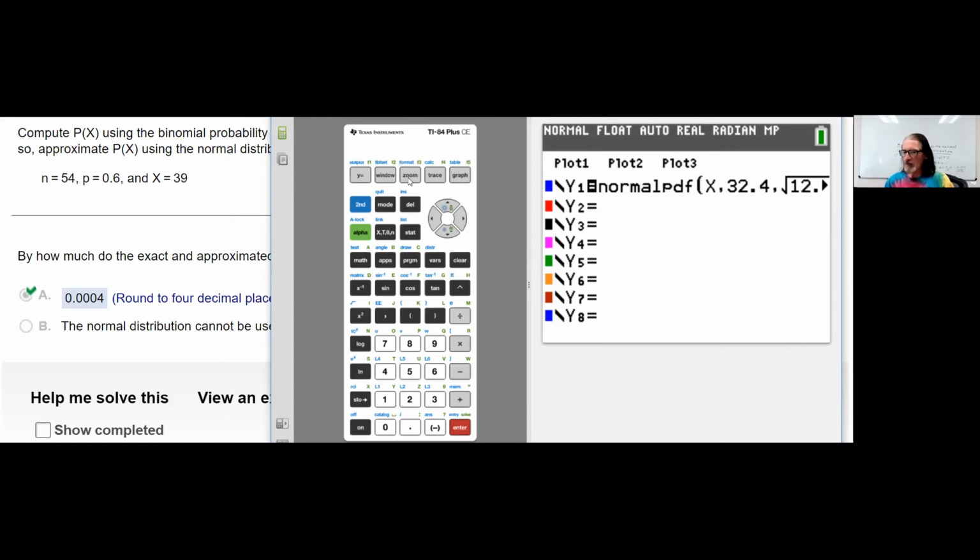However, we need to be very careful because our empirical rule tells us that 99.7% of our observations should be within 3 standard deviations of the mean. What I'm going to do is take that 32.4 and go 4 standard deviations, right? So 4 times whatever the square root of 12.96 is.